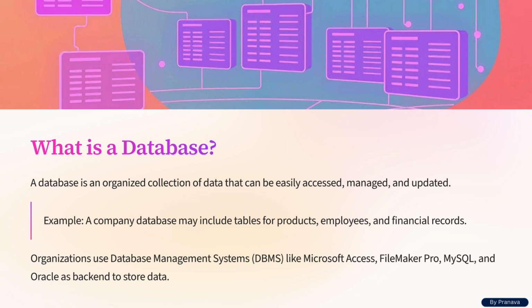These are not organizations; these are the names of some DBMS systems. So the front end will be clean and clear, but the back end will mainly include a database, which will help them store all their company's data and information. So this is what a database is.